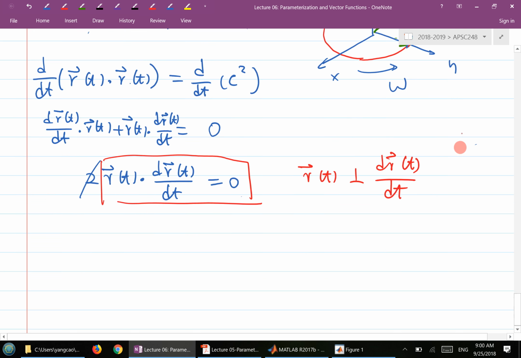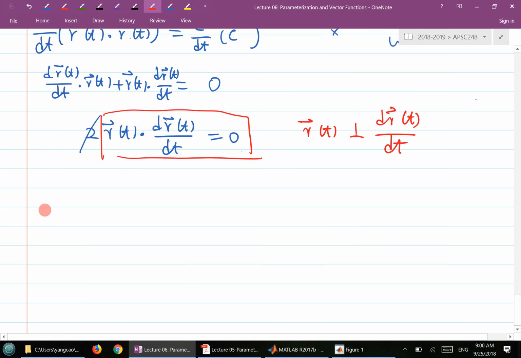Okay, so that's about derivatives. So let's take a look at integration, or integrals of vector functions.